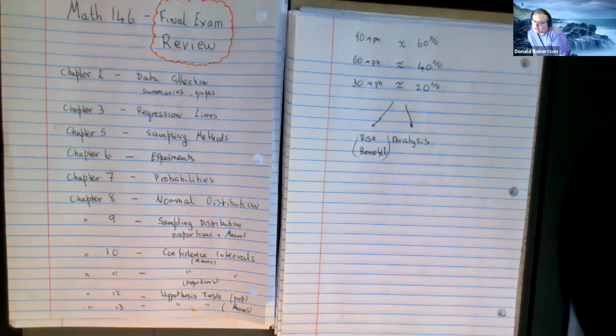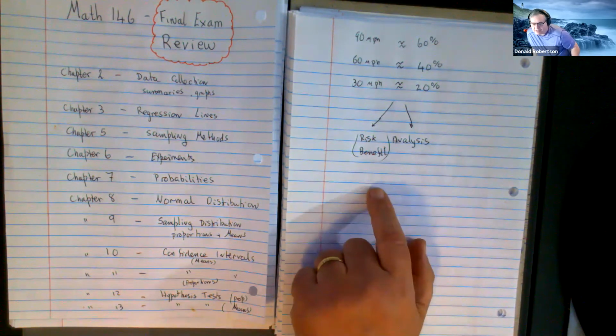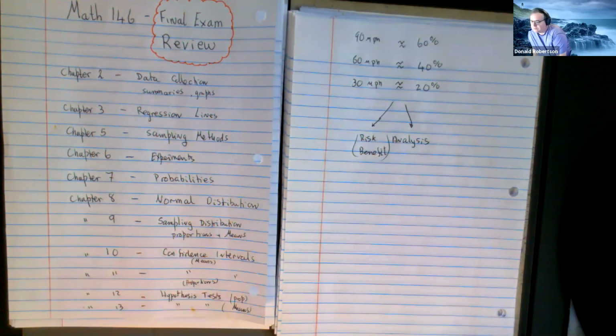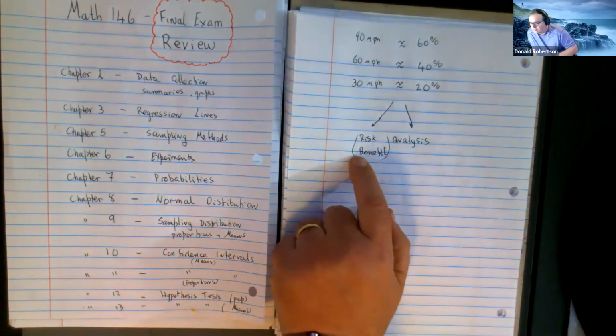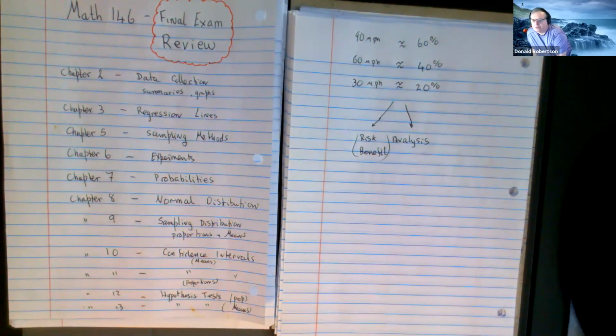Therefore, we will reduce the speed limits on all the roads, depending on what kind of roads, different speed limits. And that will reduce the number of deaths. And that would be true. It would reduce the number of deaths. So there is a definite benefit to that, isn't there? You reduce the risk, the benefit improves, right?